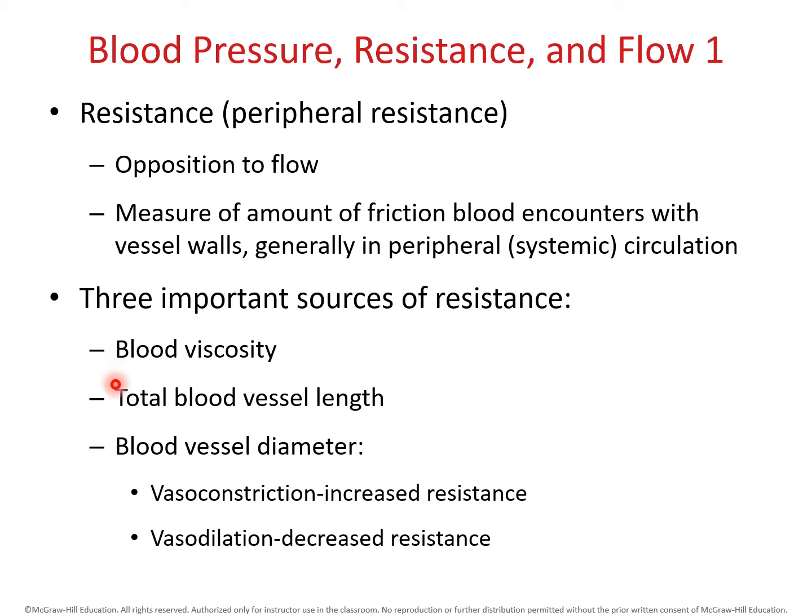through a pipe, right? And then the other factor that affects resistance in blood is the length of the blood vessel. The longer the blood vessel, the higher the resistance, okay? Because if the blood vessels are long, the heart needs to work extra hard to pump the blood through the body, okay?